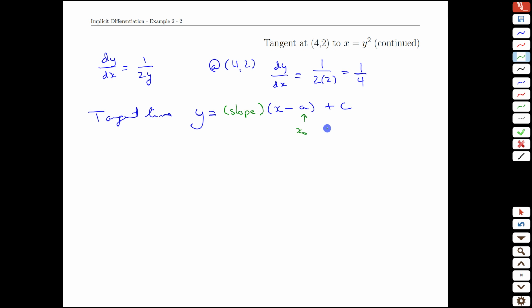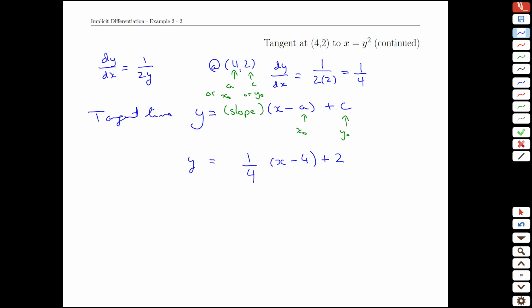Sometimes this is called the x naught, sometimes the y naught. It's the root point, or the point that we're drawing our graph through. In our specific case here, that's x minus the 4 value, that's our a or x naught, and that's our c or y naught. And so we get x minus 4 plus the 2, and the slope value that we need is the dy/dx, so 1/4 of that.